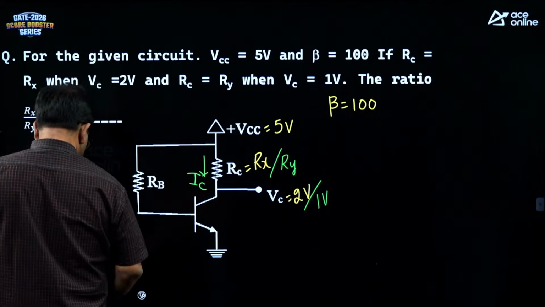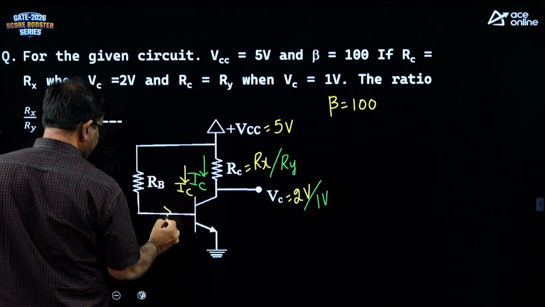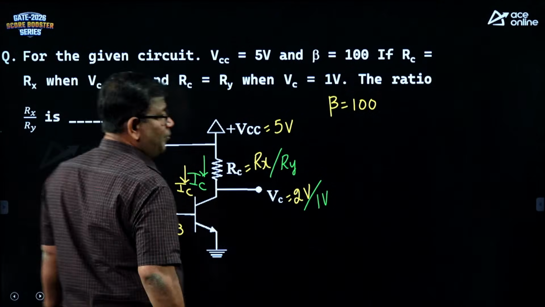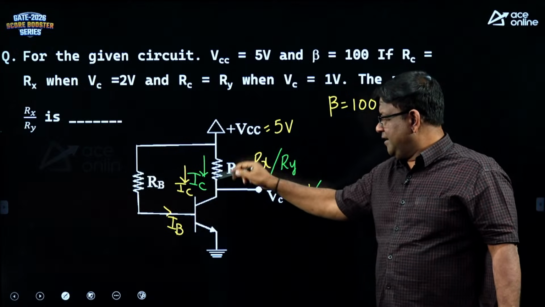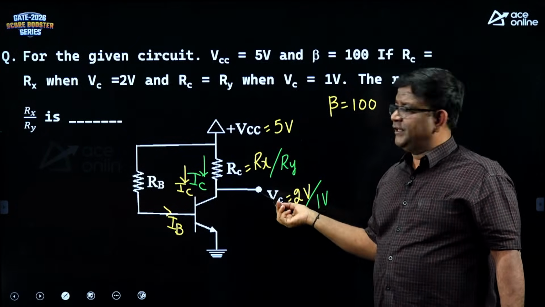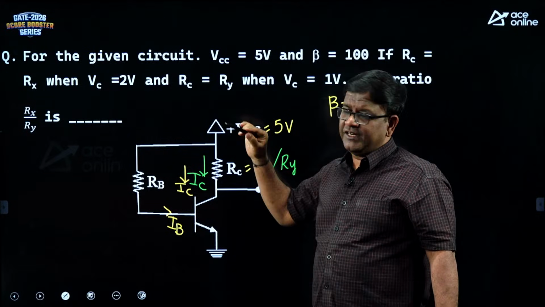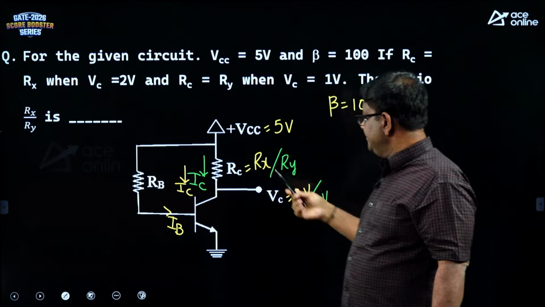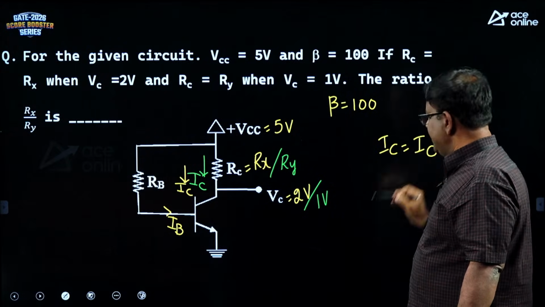Now, the IC always depends on IB. Please do not forget, in a BJT, the current will never depend on the load. This current IC will depend only on IB. So, whatever the examiner is telling, the IC actually remains the same, because IC only depends on IB.